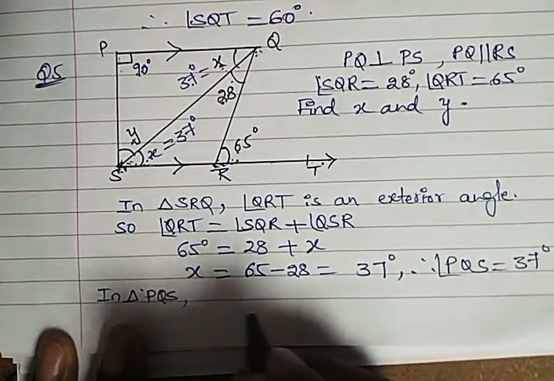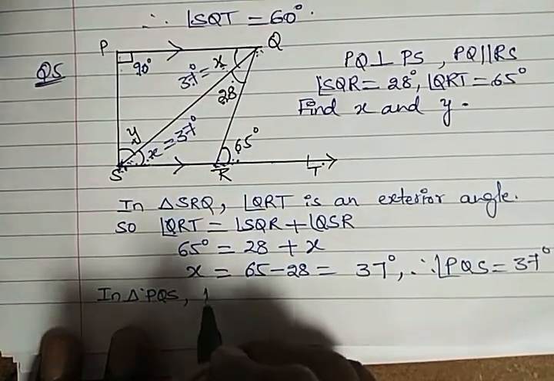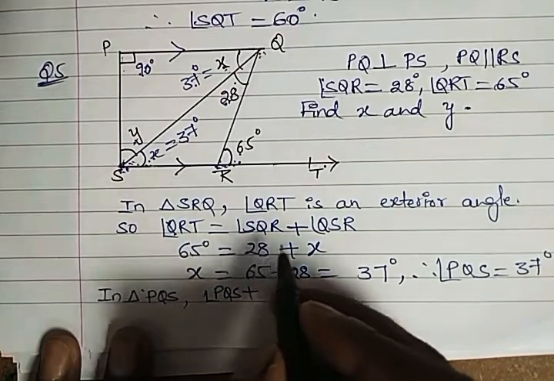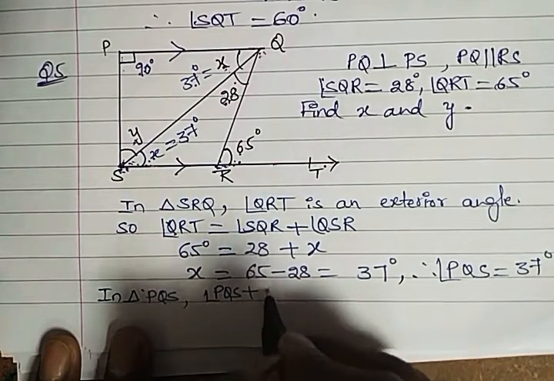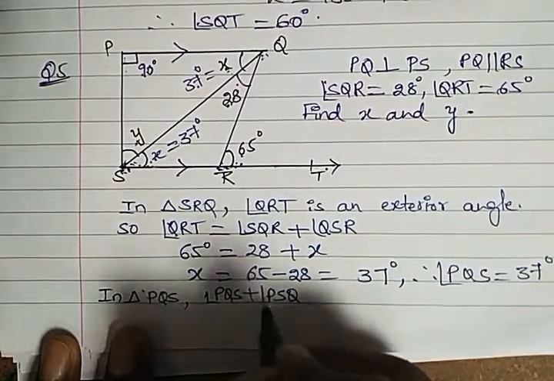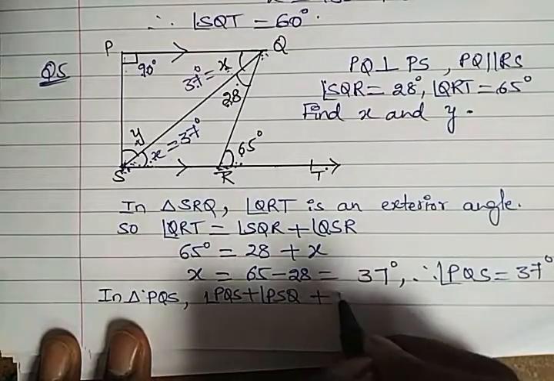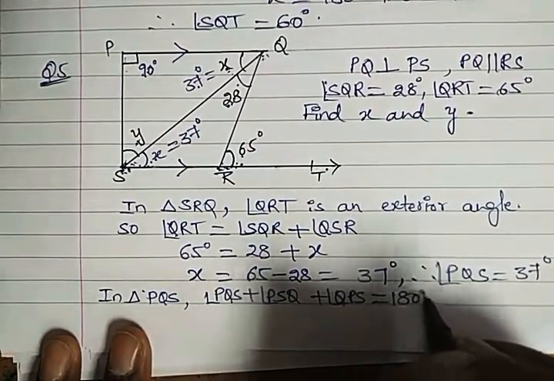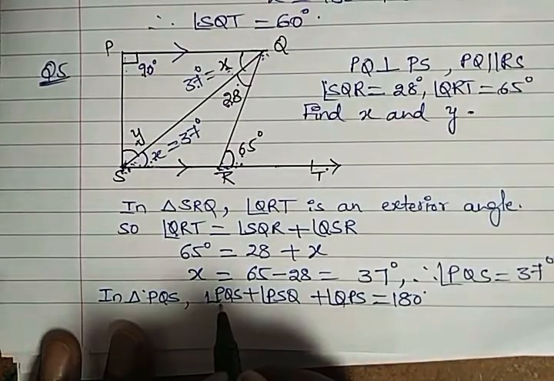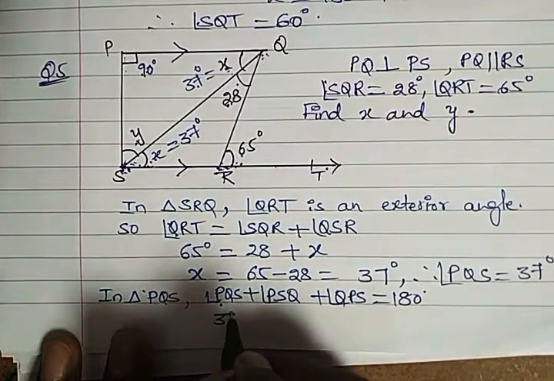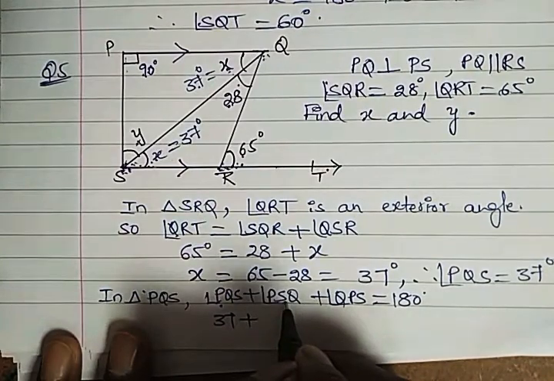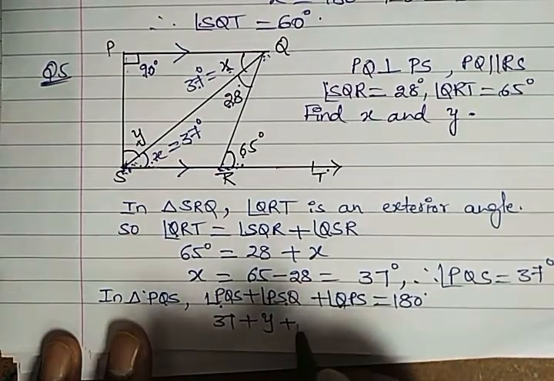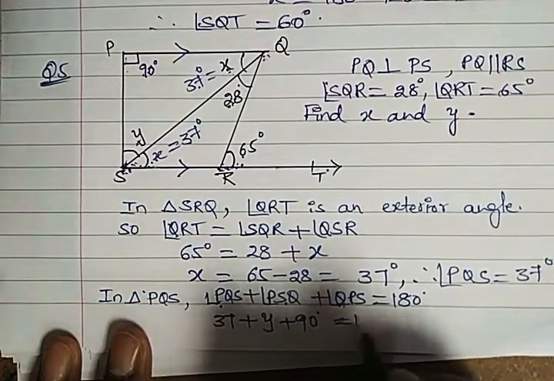So we'll write the angle sum property: angle PQS plus PSQ plus QPS, the sum of three angles, is equal to 180. So out of three angles we have PQS, that is 37, plus PSQ, the unknown y value, plus QPS, which is 90 degrees, equal to 180.